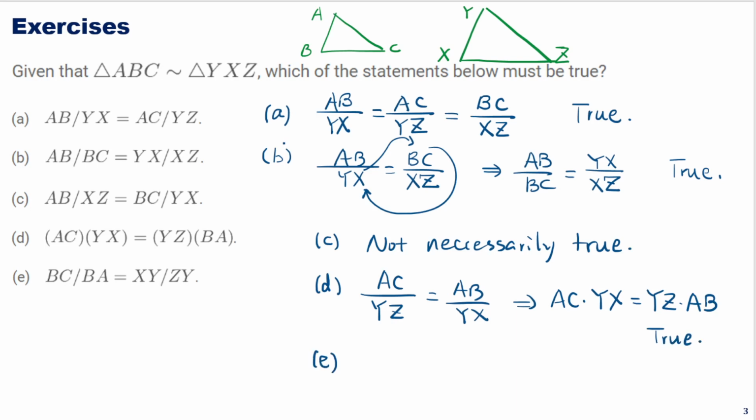For statement E, from these proportional sides, we cannot derive this equation necessarily. So again, this statement is not necessarily true. Any questions?